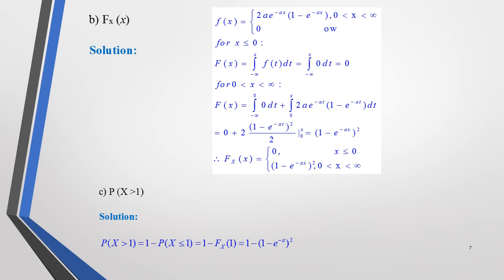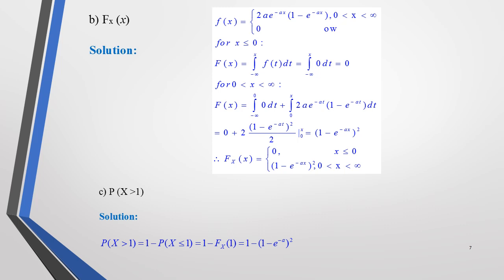So for x lies between negative infinity and 0, capital F of x will be equal to the integration from negative infinity to x of 0 dt, which is equal to 0. For x lies between 0 and infinity, capital F of x will be equal to the integration from negative infinity to x of f of t dt, which is equal to the integration from negative infinity to 0 of 0 dt plus the integration from 0 to x of 2a e to the power negative at times 1 minus e to the power negative at dt.